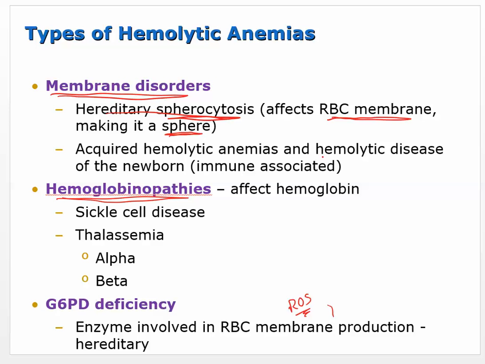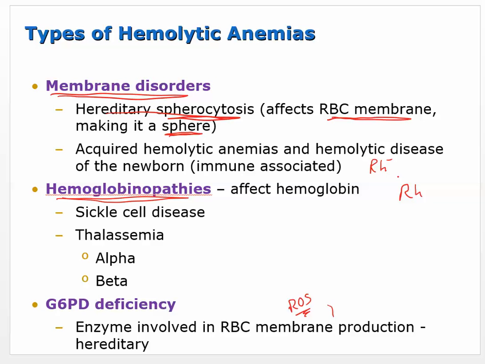Acquired hemolytic anemias and hemolytic disease of the newborn. These are immune associated. This means that you actually have immune cells that are attacking the red blood cells themselves. Now, we talked about hemolytic disease, like if mom is Rh negative and baby is Rh positive.